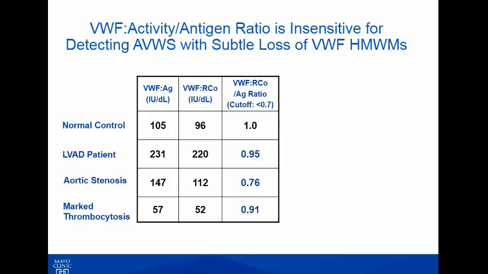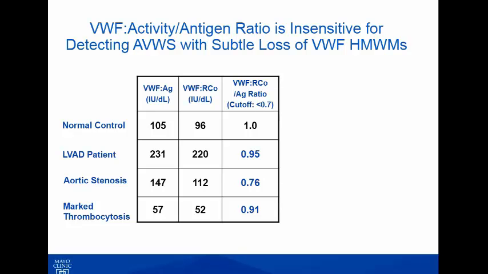I have a normal control, an LVAD recipient, a patient with severe aortic stenosis, and a patient with marked thrombocytosis. Platelet count can be as high as 1 million. And then you look at the results, antigen, VWF ristocetin cofactor activity, and the ristocetin over antigen ratio, which we use to diagnose type 2 von Willebrand disease, they're all normal.